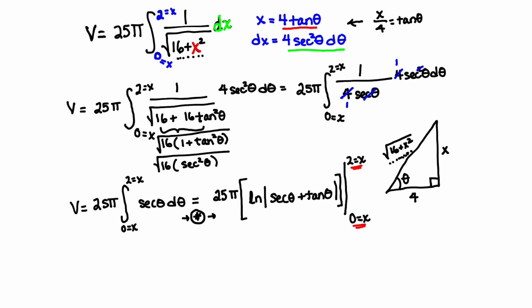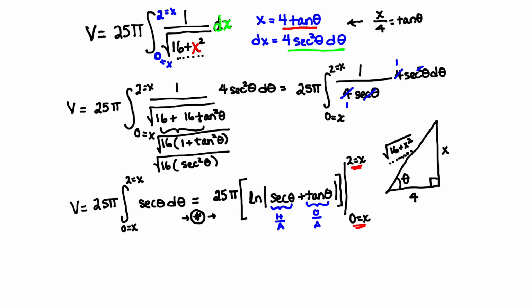We're going to make our two substitutions. Based on this triangle, what is secant? Secant is hypotenuse over adjacent, and tangent, we just said, is opposite over adjacent.